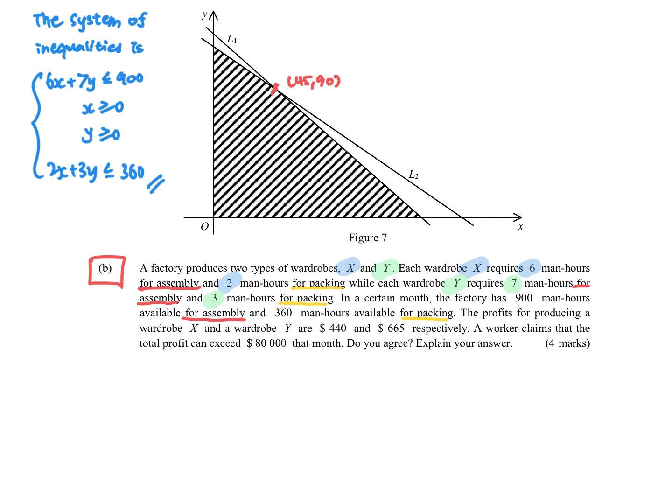Then there are the profits of a wardrobe X and a wardrobe Y, so the total profit.